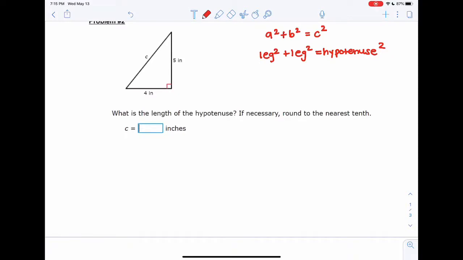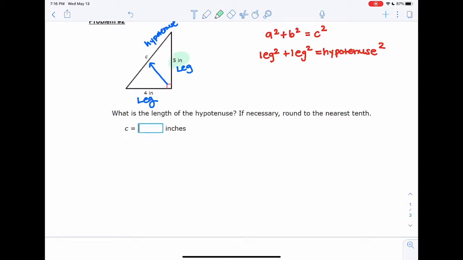All right, I'm going to grab a different colored marker, go across my right angle. Across my right angle is my hypotenuse, and the other sides are going to be the legs. Okay, now let's go ahead and substitute in.